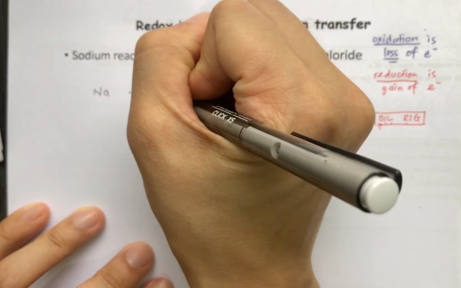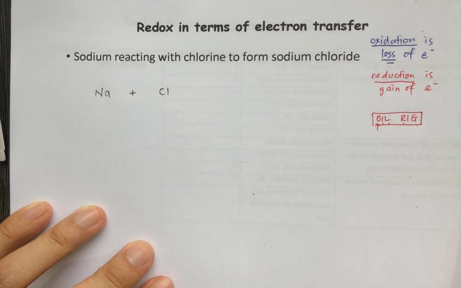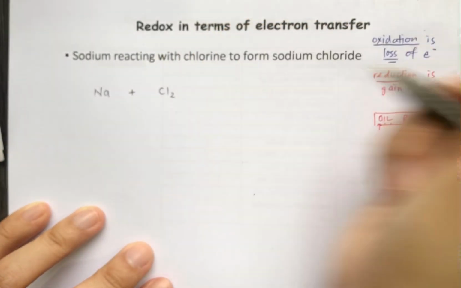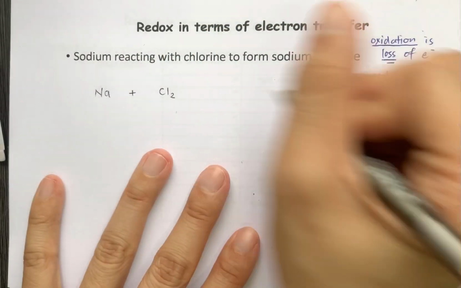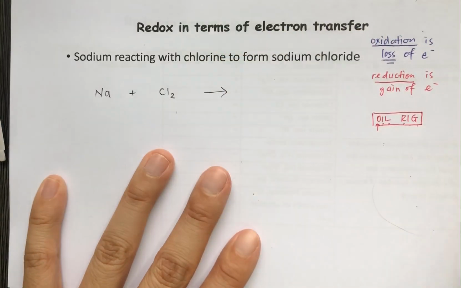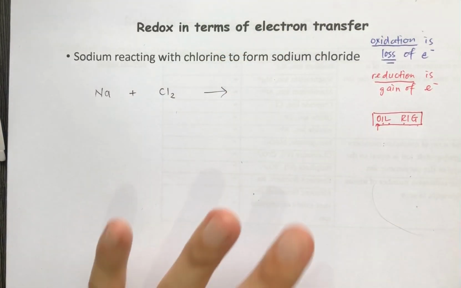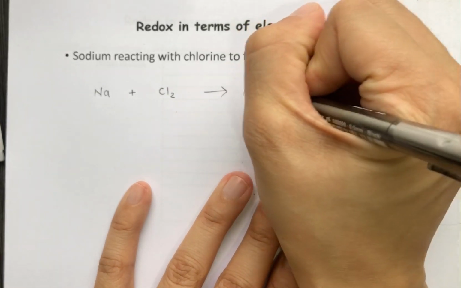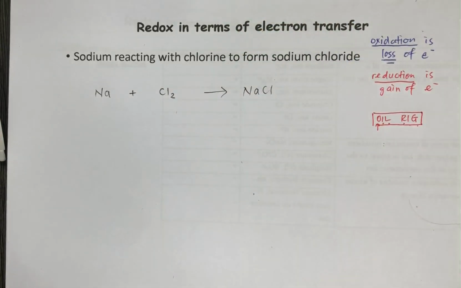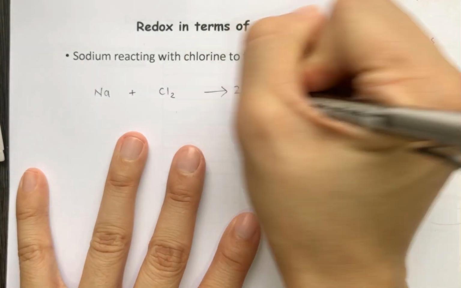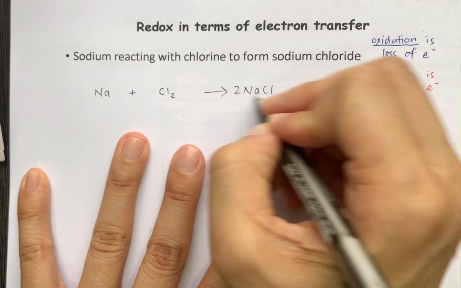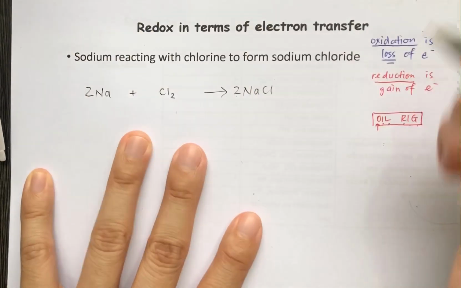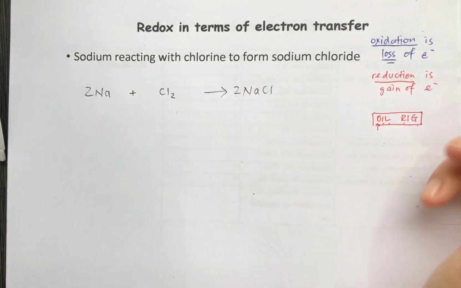Chlorine is Cl, but to be correct, chlorine is a diatomic molecule, so we have to write Cl2, and then it forms sodium chloride. The formula of sodium chloride is NaCl. And as usual, I'm going to balance my equation. 2 here to make up the 2 chlorine, and then 2 Na to balance the Na.